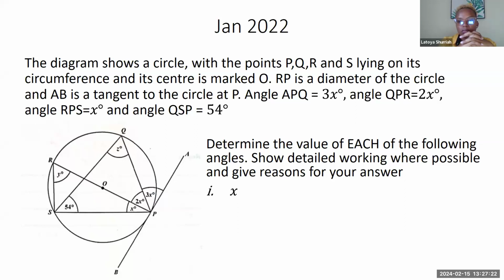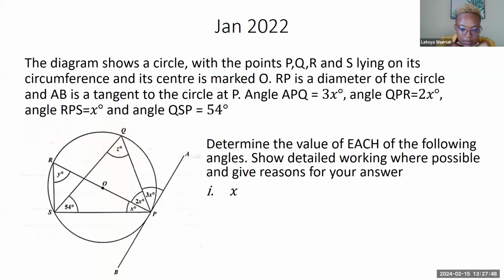I'm thinking that the 3x is equal to 54, and we would set that up as an equation and solve for x. All right, tell me first of all how come 3x is equal to 54 degrees?